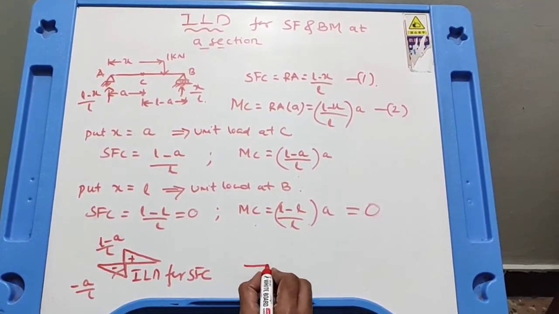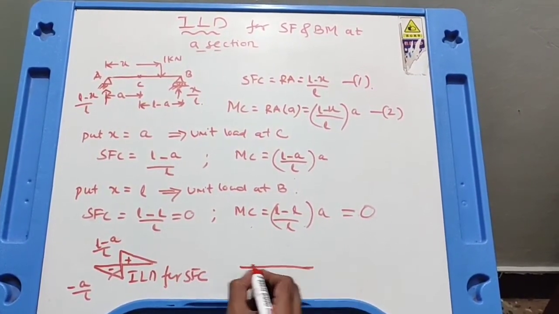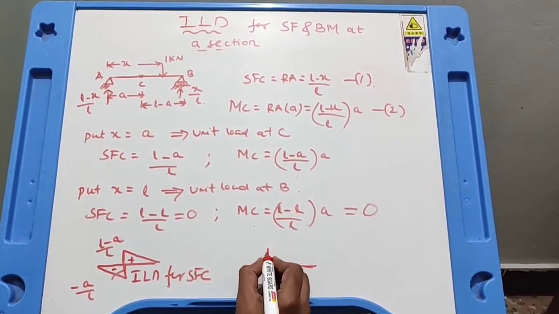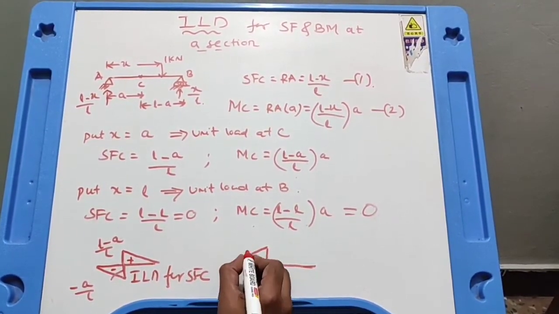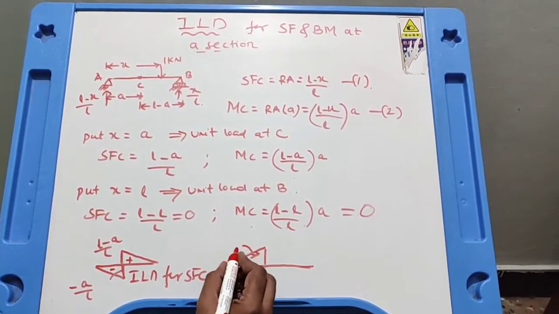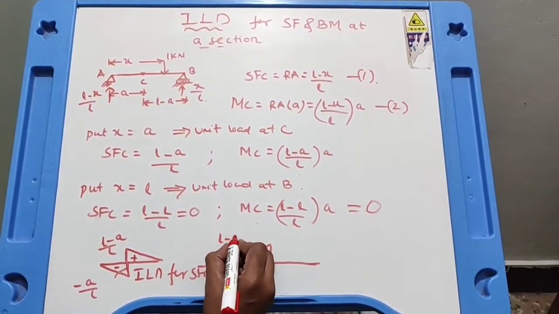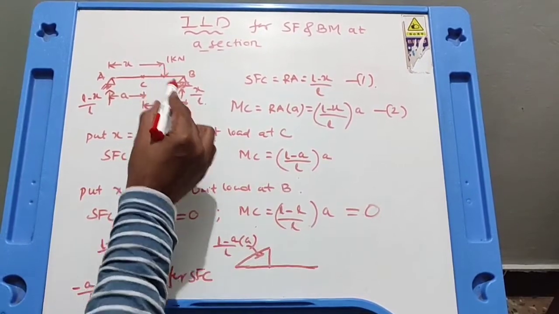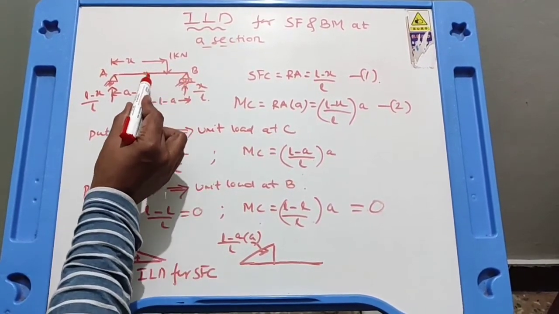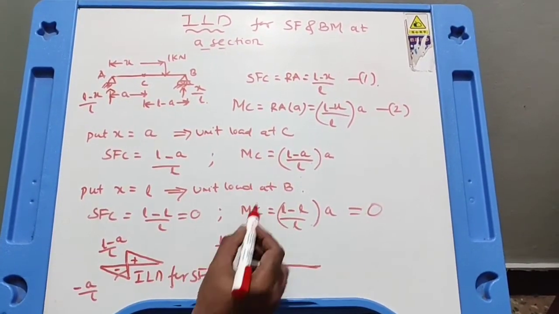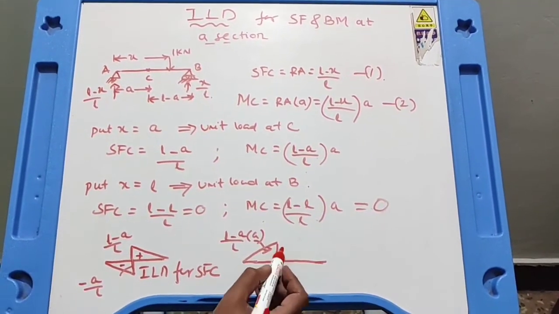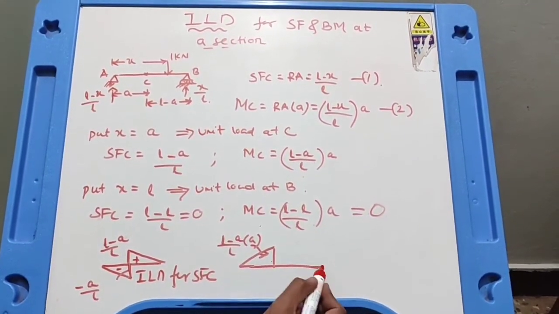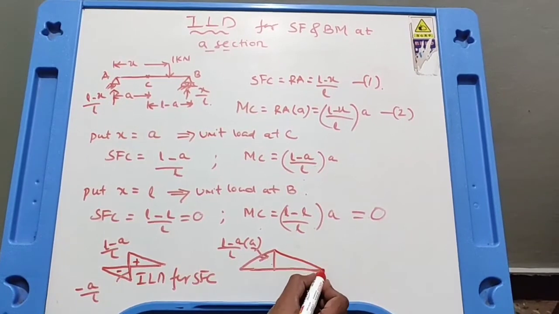Now let us draw the influence line diagram for bending moment at C. We had already drawn up to A. This value was the same. What was it? (L minus a) upon L into a. Even in this analysis, when the unit load is from C to B, the bending moment is (L minus a) upon L into a when the unit load is at C, and when the unit load is at B, it becomes 0.